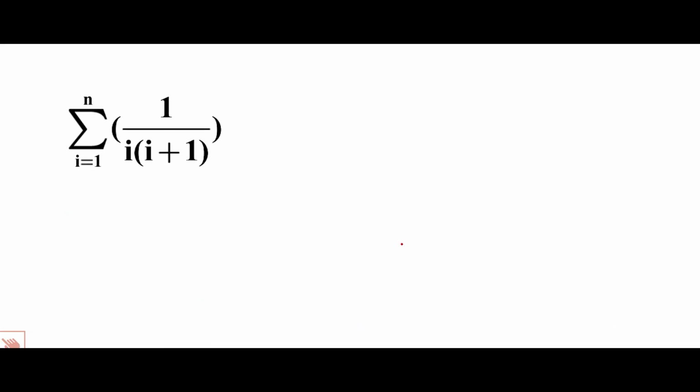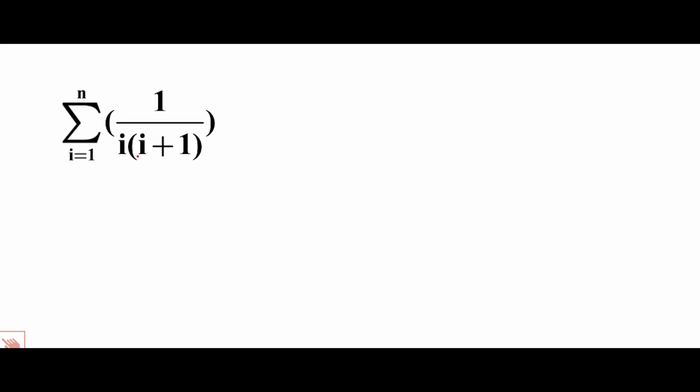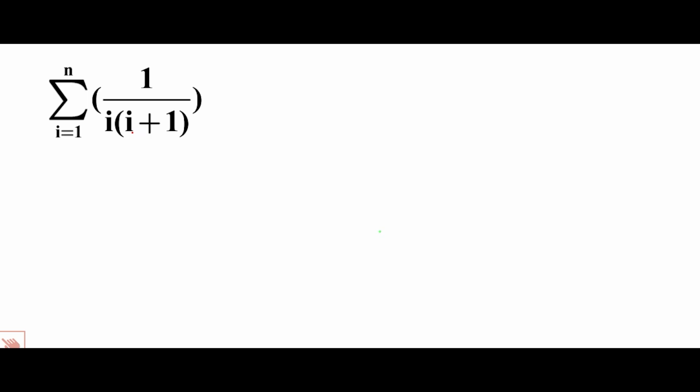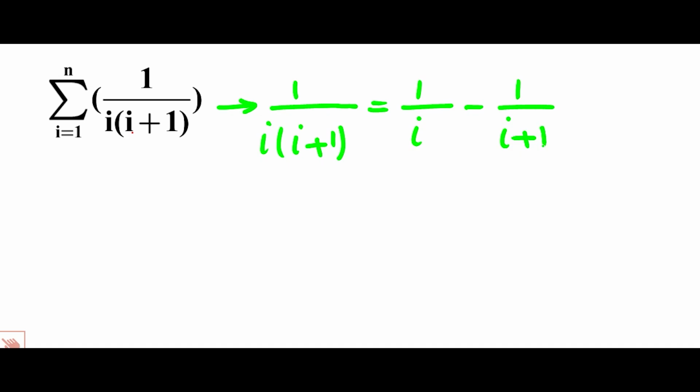Number 4. Evaluate the sum of 1 over i times (i+1) from i equals 1 to n. This example does not look telescoping at first, but we can make it telescoping by using partial fractions. We want to rewrite this fraction as a difference of two simpler fractions, right? 1 over i times (i+1) equals 1 over i minus 1 over (i+1).